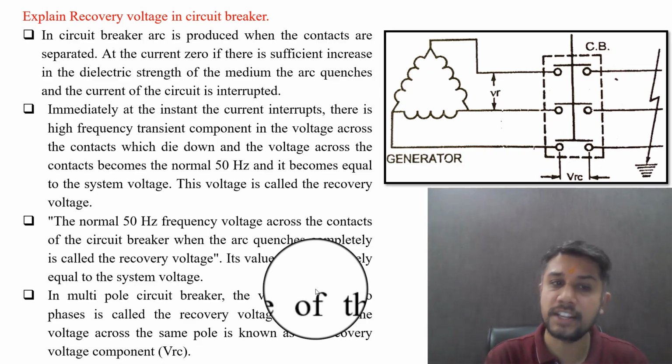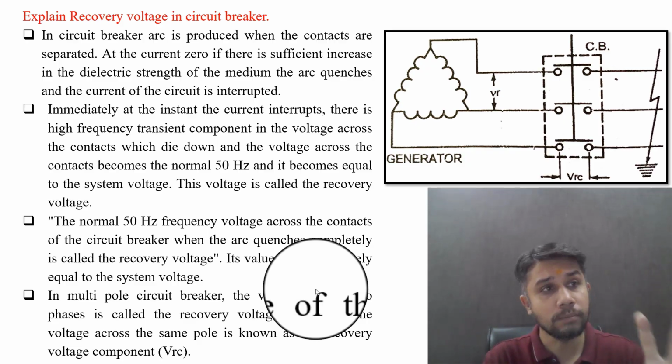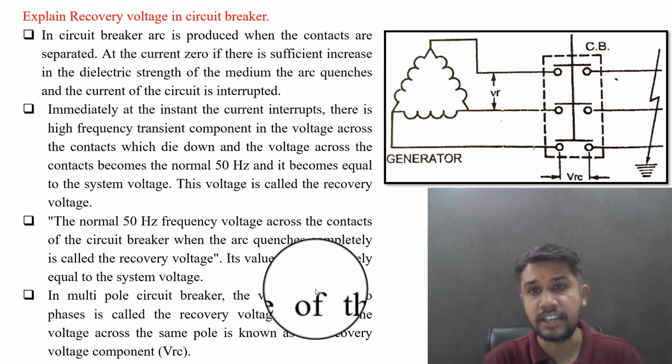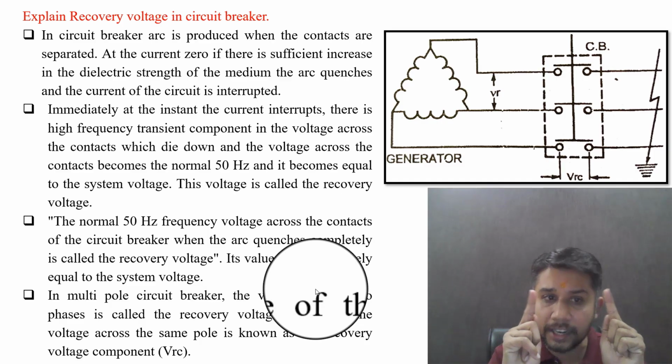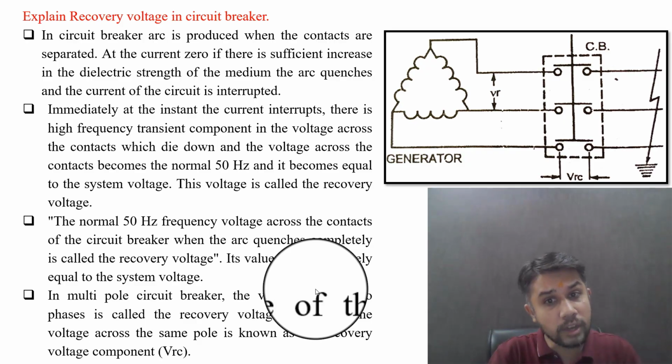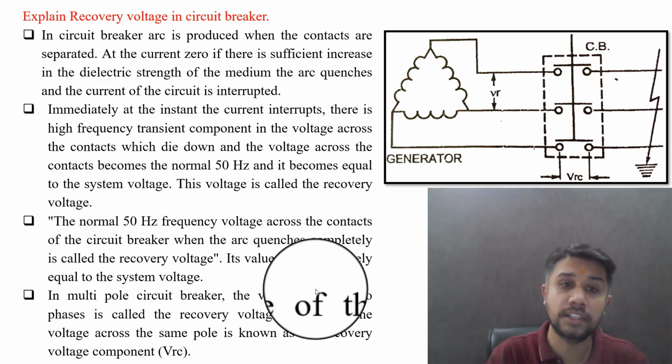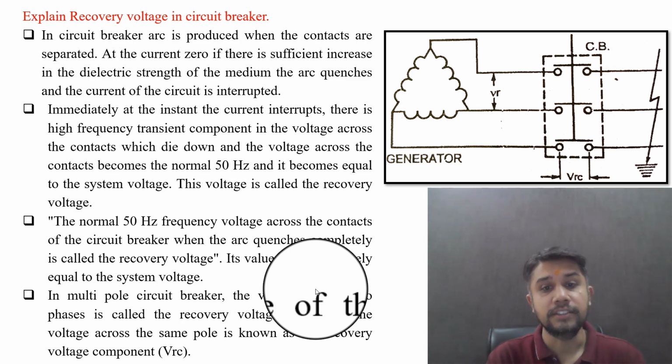So the recovery voltage can be defined as the normal 50 Hz frequency voltage across the contacts of the circuit breaker when the arc quenches completely, and its value is approximately equal to the system voltage. In a multi-pole circuit breaker, the voltage across the two phases is called the recovery voltage VR.